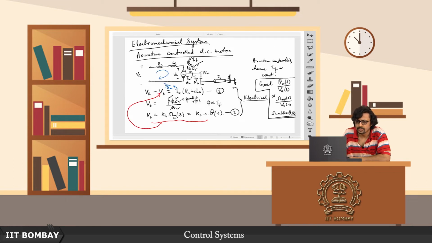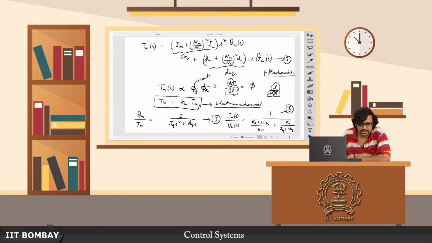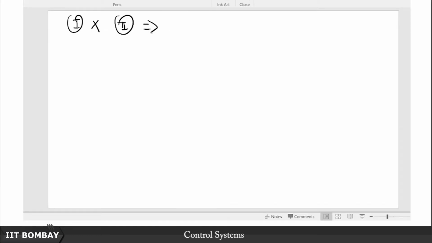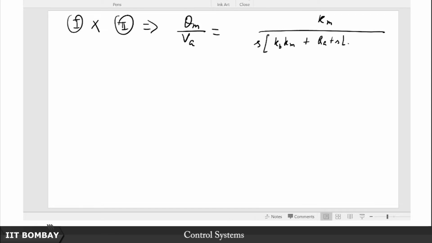The goal was to obtain theta m upon Va. So I will get exactly what I am looking for, theta m by Va, if I multiply 1 and 2. So I am going to do that, and I am going to get theta m by Va given by something like Km upon s times Kb Km plus Ra plus sLa times J equivalent s plus D equivalent, all right.